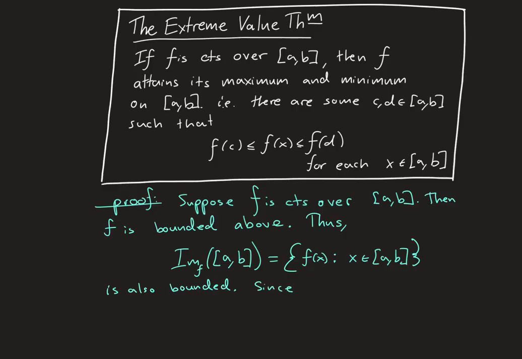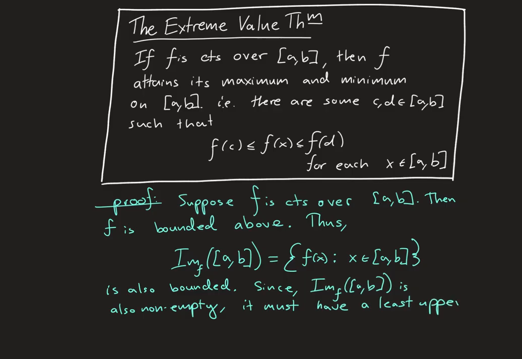Since that image is clearly non-empty, f has to have an output at each of these values, so it's also non-empty. Here's where we use the completeness axiom. It must have a least upper bound.